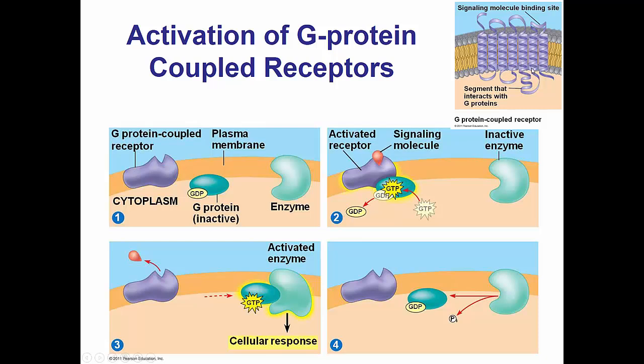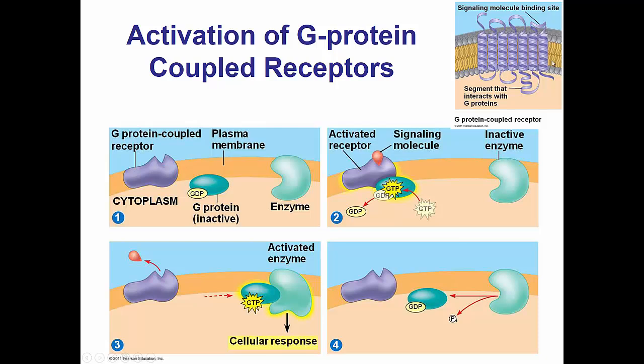So basically they thread back and forth through the membrane, embedding these hydrophobic alpha helices in the membrane. However, they still have an extracellular ligand binding site on the outside that is involved in binding the ligand. In this case, it may be an odorant, something you smell.